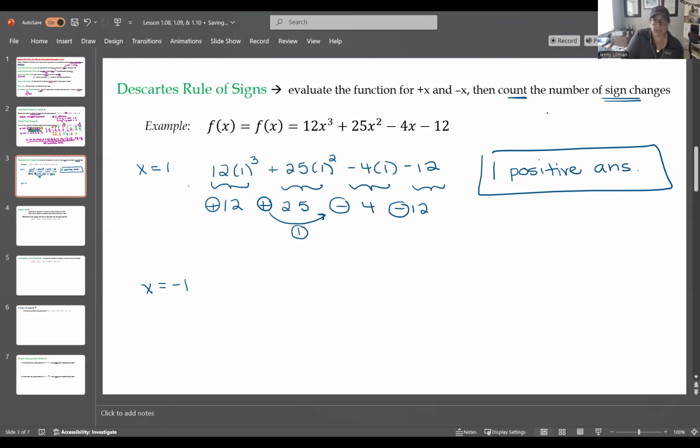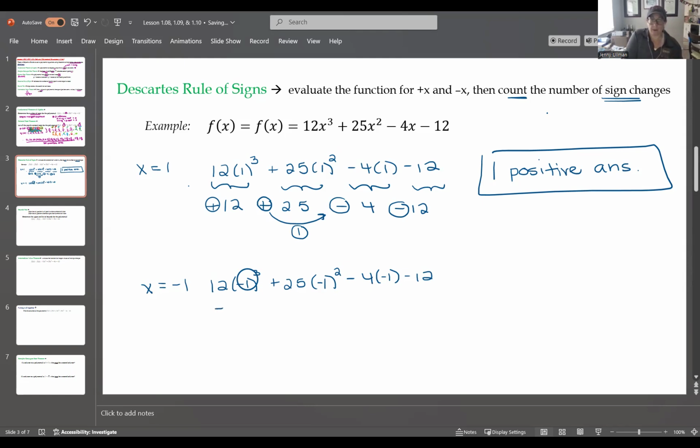So I'm going to do the same exact thing, but I'm going to plug in negative 1. You can plug in negative 2, negative 3, but I just like to have the same number, and 1 is an easy number to work with. Okay. So this is where we've got to be careful. Negative 1 cubed is still negative 1. Negative 1 times negative 1 times negative 1 is negative 1.